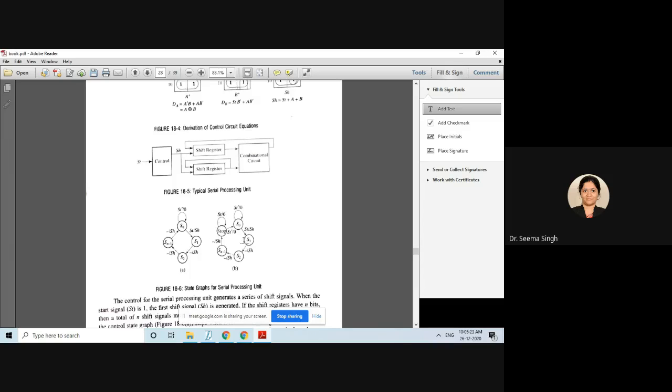Now the next state graph, what does it show? It shows that it is adding one more state, stop. And what they want to show here is that the start signal will become 1 for the first bit addition, that is X0 and Y0, and it will become 1 again for the last stop bit.